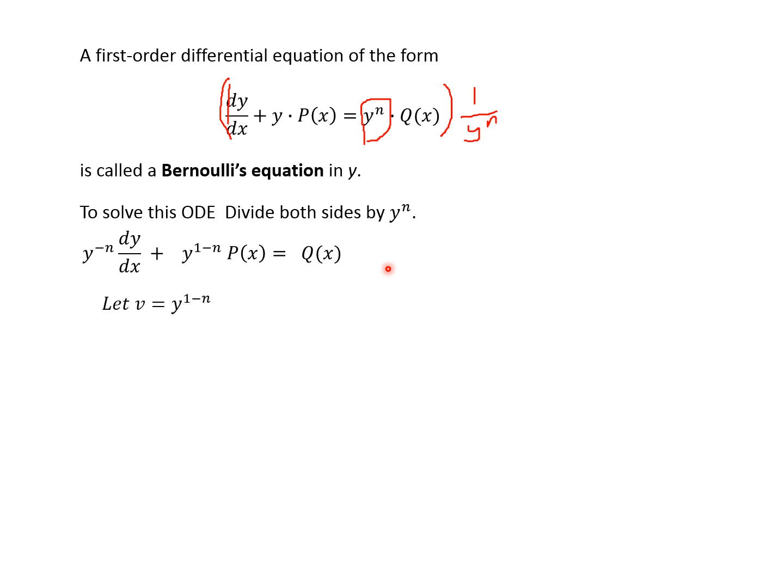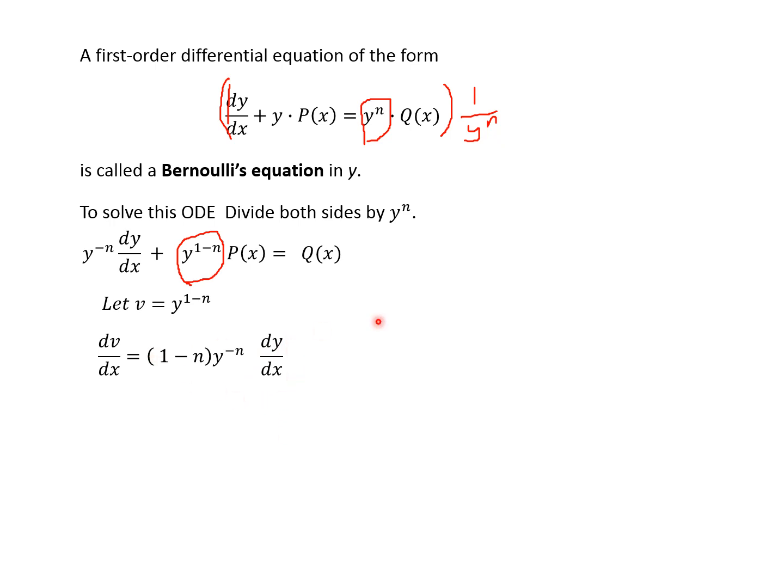Now if you let this transformation, y^(1-n) equal to v, so here v is y raised to 1 minus n, then your dv/dx is of course (1 - n) y^(-n) dy/dx.